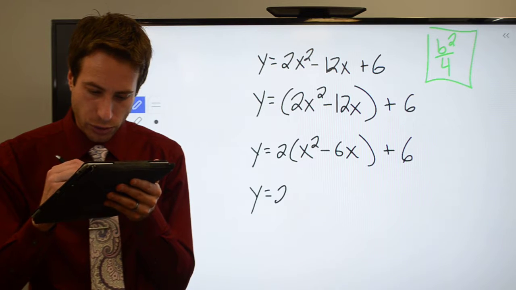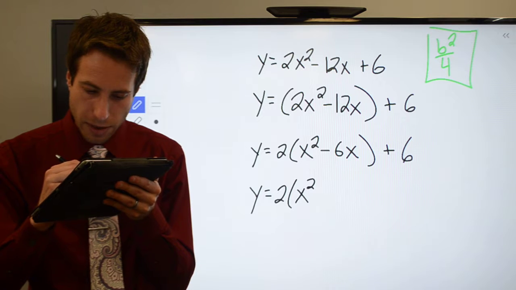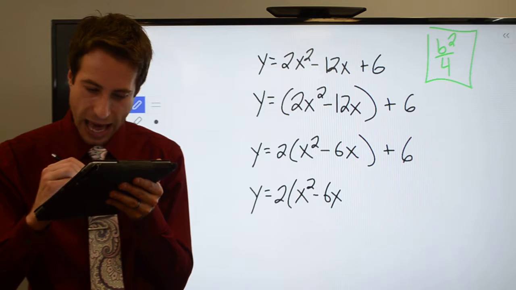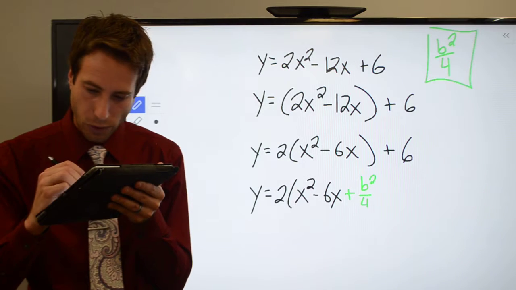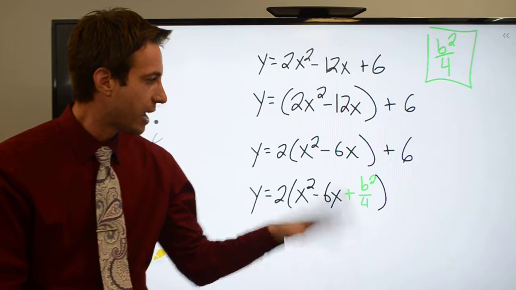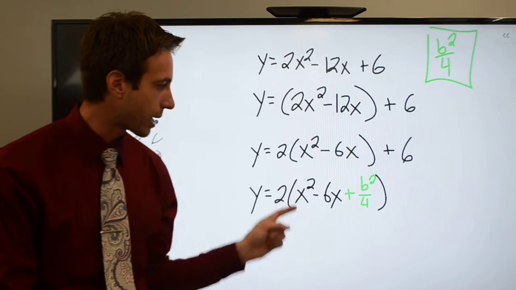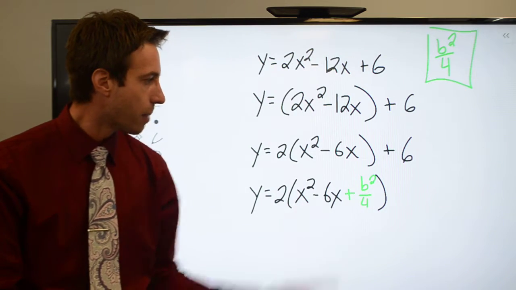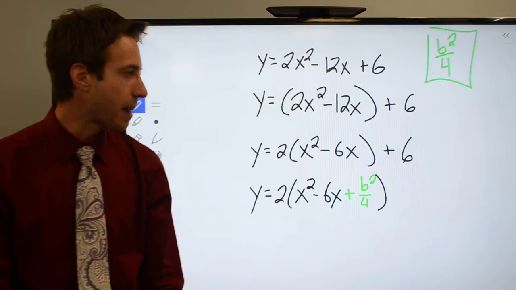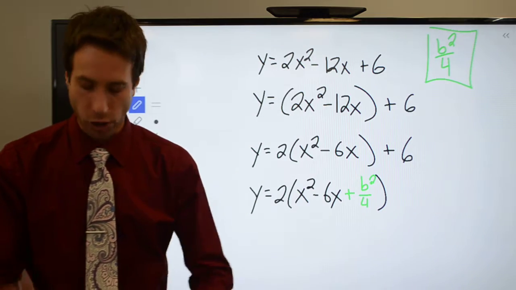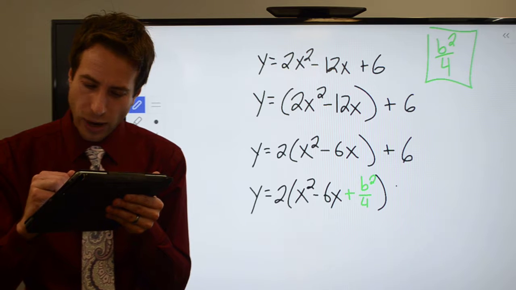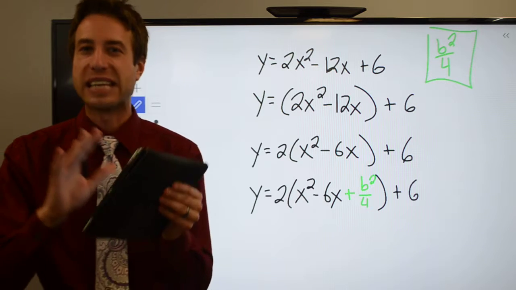Complete the square. y equals 2 times x squared minus 6x. I will add a b squared over 4, right? So that's going to complete the square inside of my little workshop, for this trinomial, by doing b squared over 4. We'll come back to that in a second. Then on the outside of my workshop, this is where I have to take care of the algebra, right?